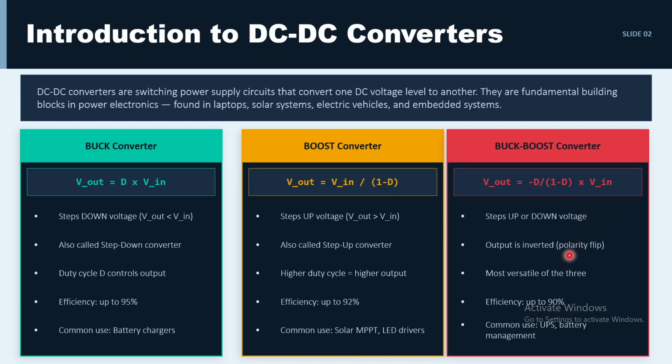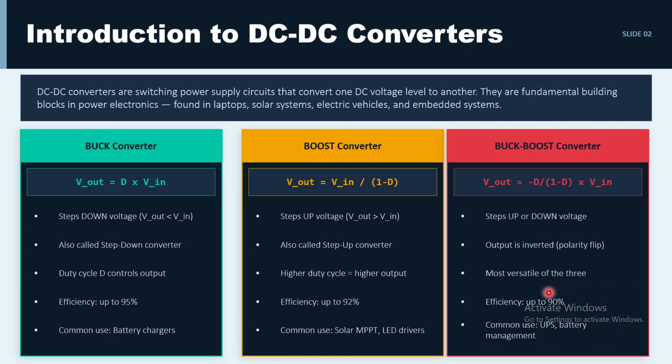Here the output is inverted, meaning it is flipped compared to buck or boost converters, or you can also say it is negative. It is the most versatile of the three, since it operates with two operations and the output voltage is not constant.